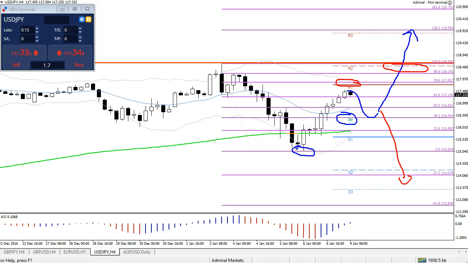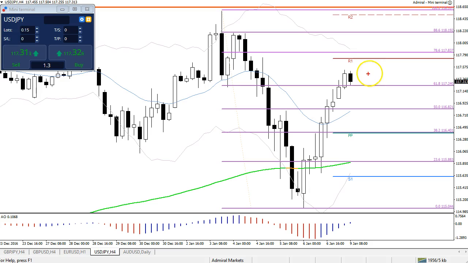So those are basically the main zones that I'm looking at, and I'll be keeping an eye on those levels. But for the moment, a bearish turn at the R1 seems the most immediate and most realistic thing that might occur in the next day or two.